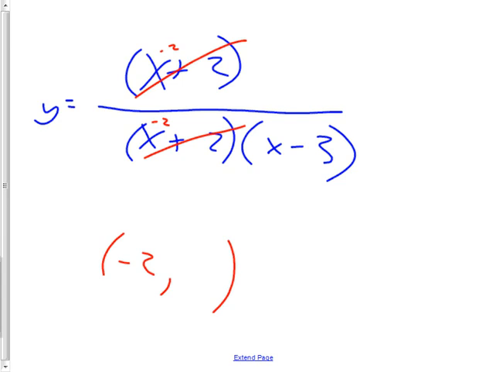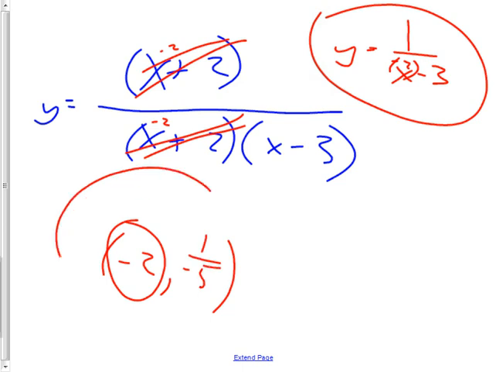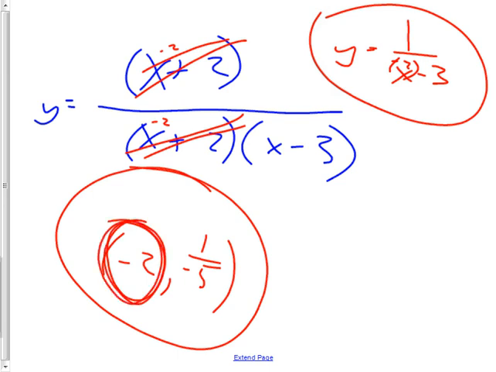The function that's left is now y equals 1 over x minus 3, because this cancels. So I stick in the -2 right there. I have 1 over -2 minus 3, which is 1 over -5. There's my complete hole. The first part is just what would make this thing crash and give you 0 on the top and the bottom. And the other part is take that number, stick it in the equation, and figure out that value.